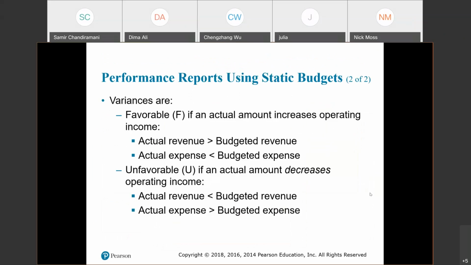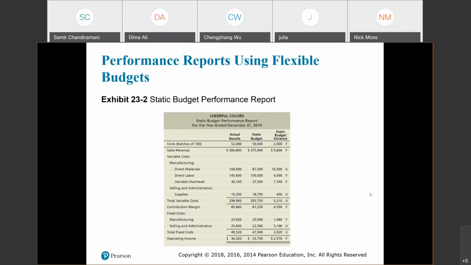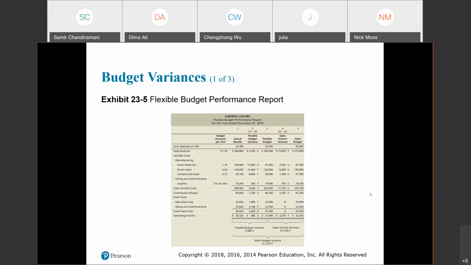Let me find it. Oh, right here. Yes. The operating income in the income statements under standard cost system is the same amount as shown here.